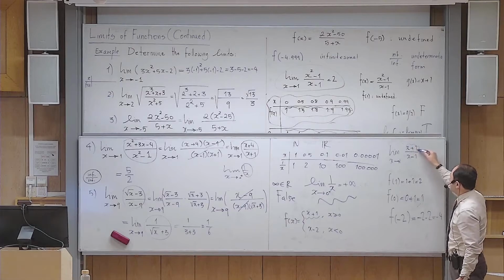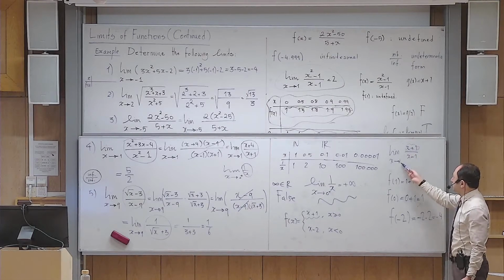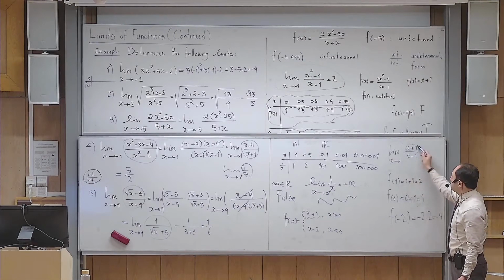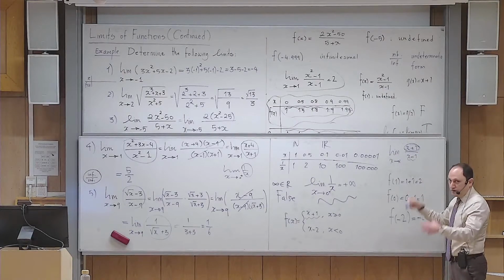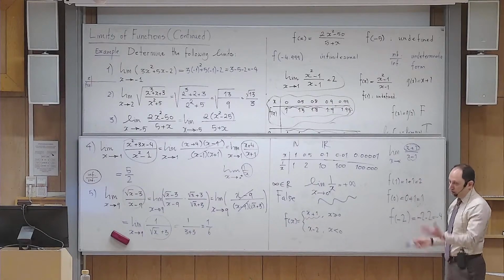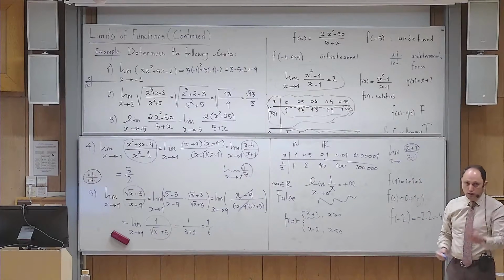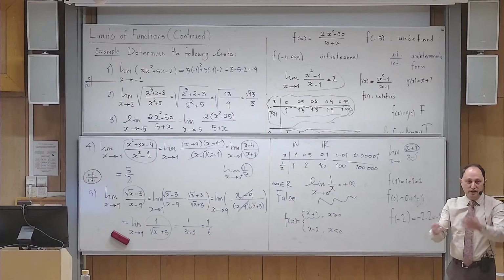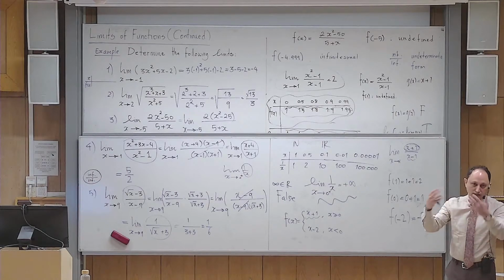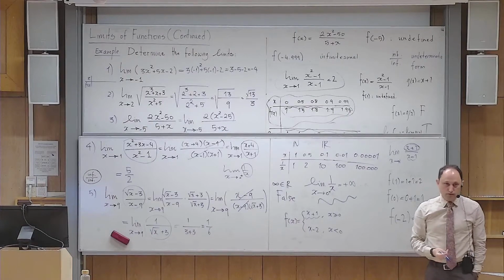The numerator is not negligible. If you are very close to 1, this number is very close to 2, but the denominator is very, very small. So the numerator is something finite, 2. The denominator is very small. You are dividing 2 by a very, very small number. Again, the value of the function becomes huge.